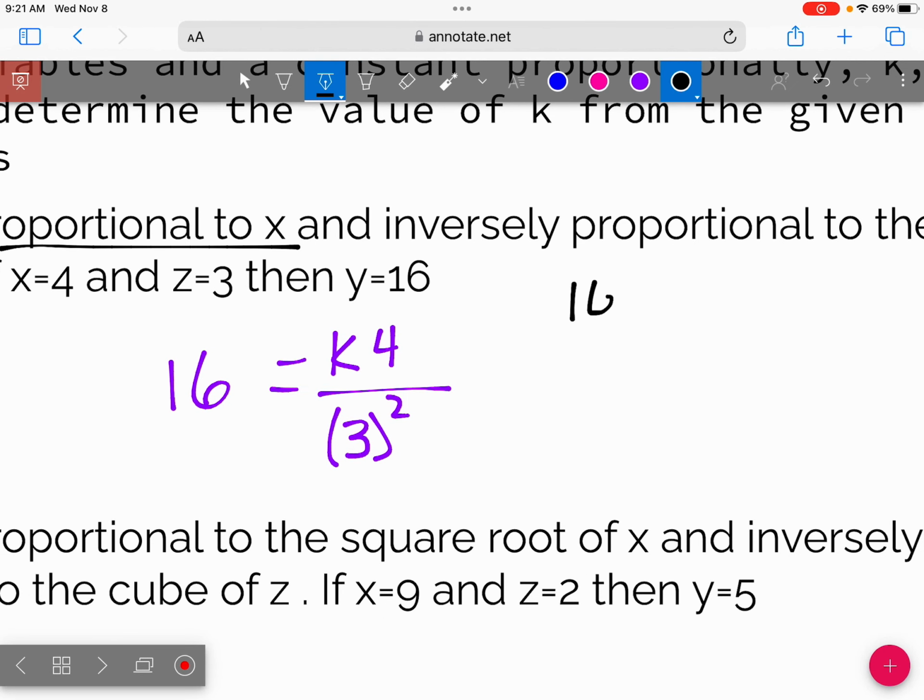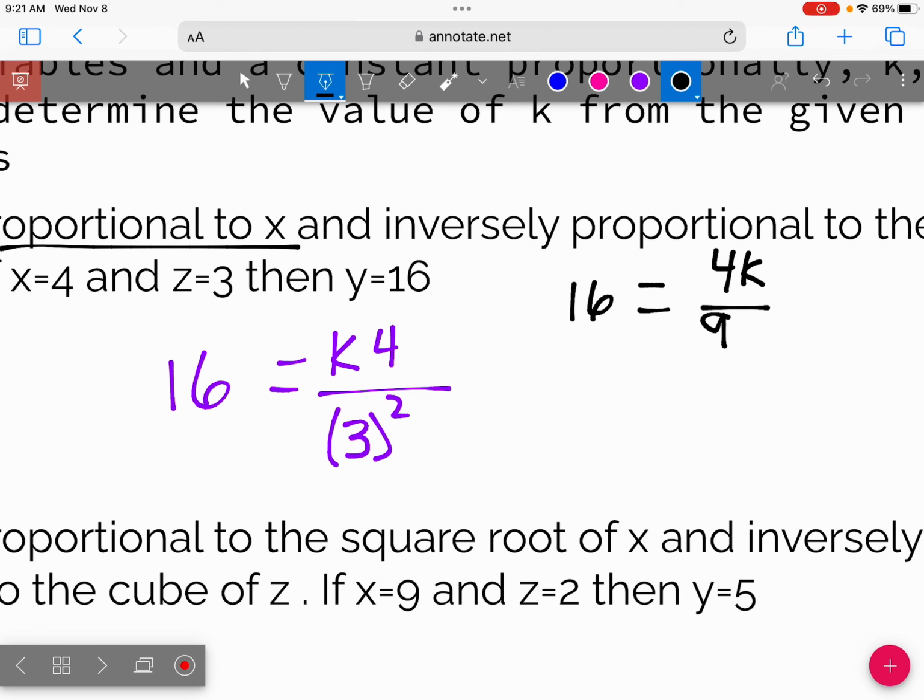So we have 16 equals 4k over 9. How do we find k? Do you multiply 16 times 9?